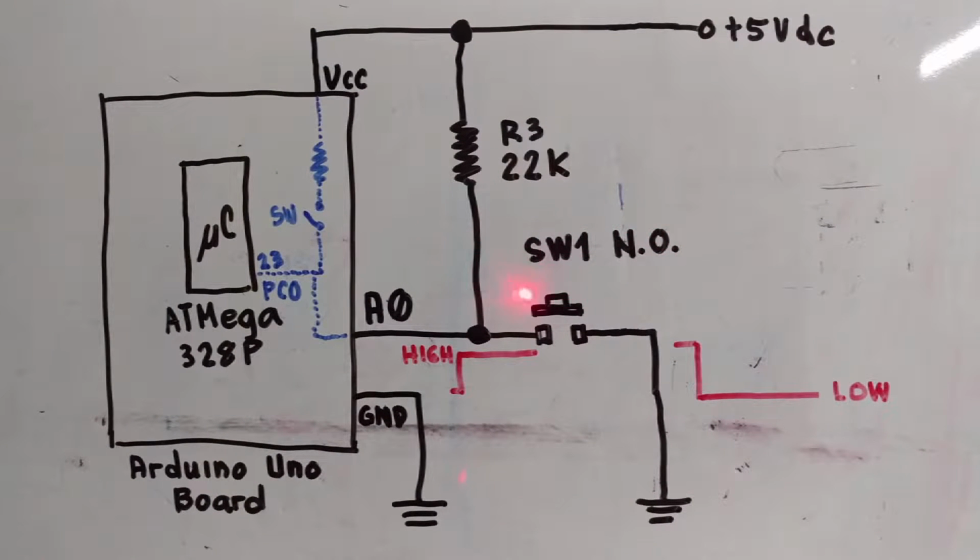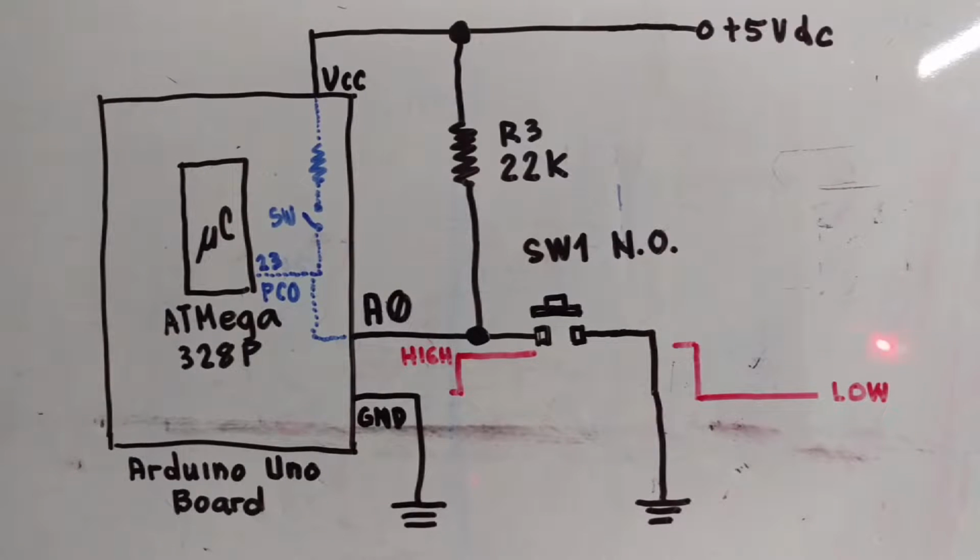When I depress SW1, bit port A0 will be forced to connect to GND. That means the logic level changes from high to low, or GND. In my program, my detection will be logic low.